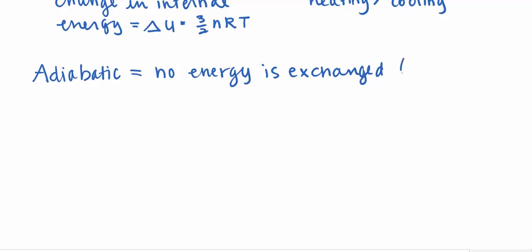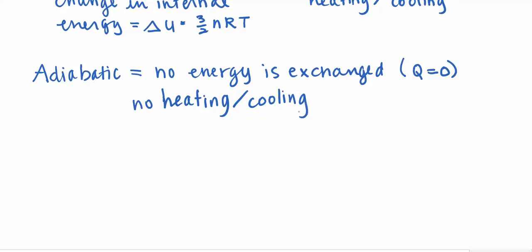That means that Q is equal to 0. No heating, no cooling. So temperature is just constant? Not necessarily. That is why I'm going over this.